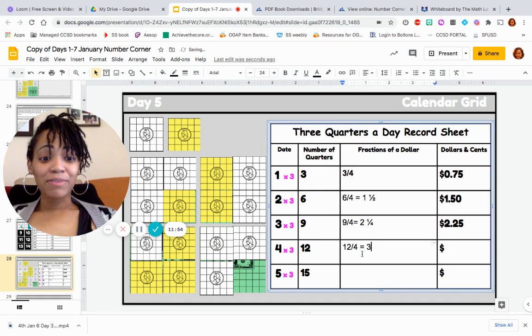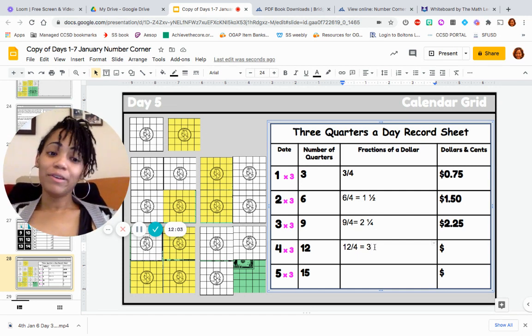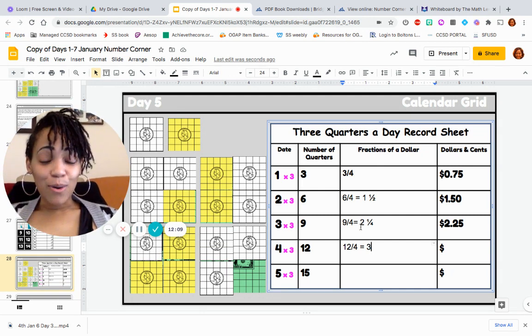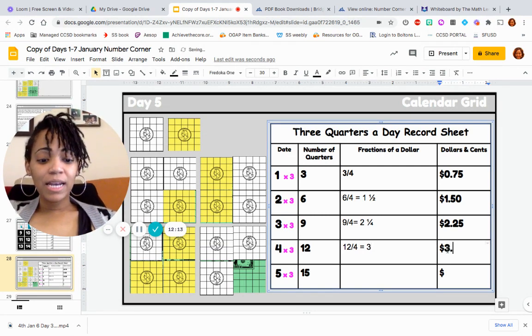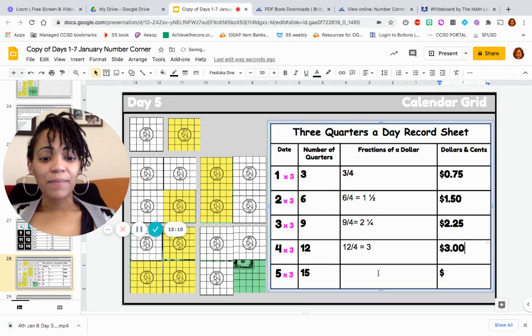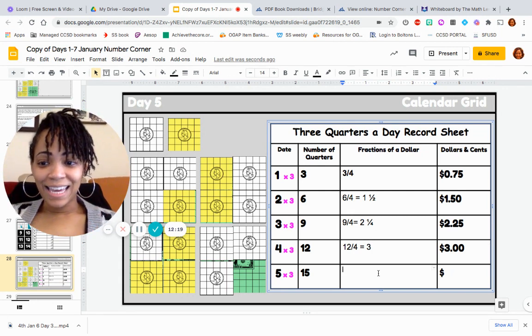That's 3, you're right. 12 divided by 4 is indeed 3. Or we could have thought about it as 2 1/4 plus 3/4. And we know 1/4 plus another 3/4 is 4/4. And we already had 2 wholes, so now we have another whole, which is 3. So we have $3.